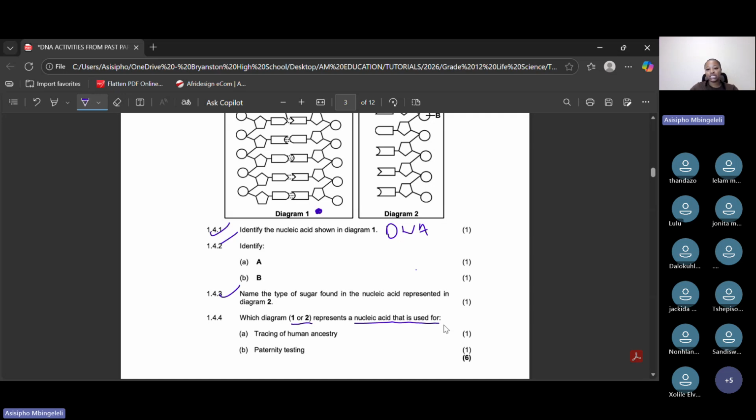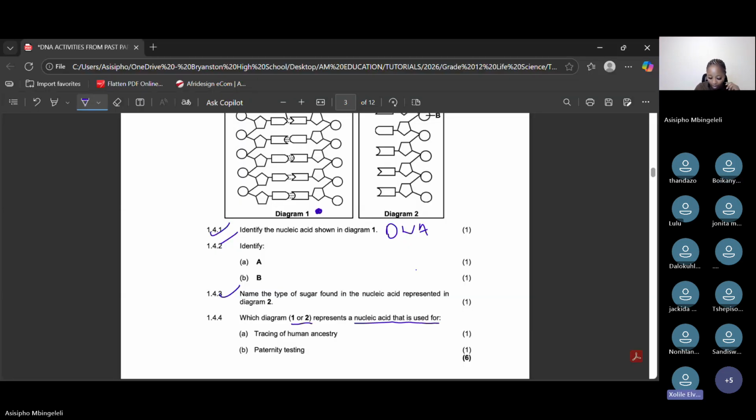Then which diagram, 1 or 2, represents a nucleic acid that is used for tracing of human ancestry and paternity testing? Which diagram are we using? Diagram 1 or 2? Boikanyo? You use diagram 2 for tracing of human ancestry.